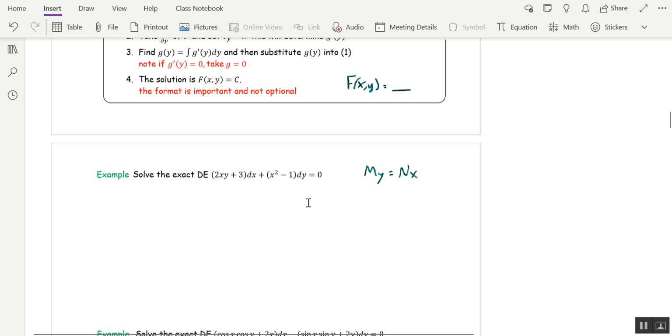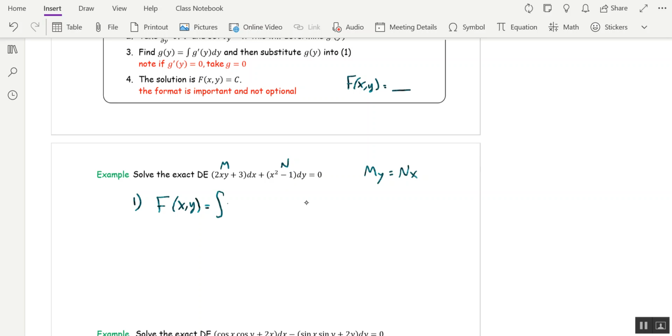So this is exact. So step 1, this is my M, and this is my N. So big F, and you can write big F on your homework and on tests. I don't care if you write big F or big F of x, y. It's up to you. One's shorthand, one's not, but I need to see the big F there.